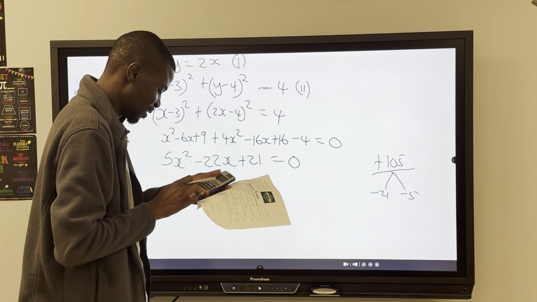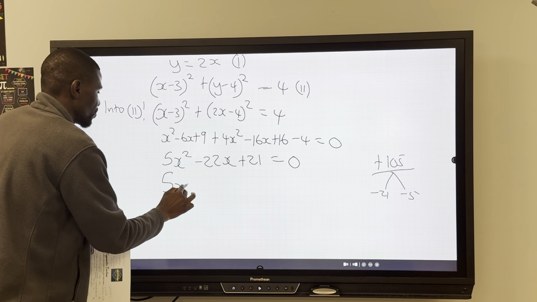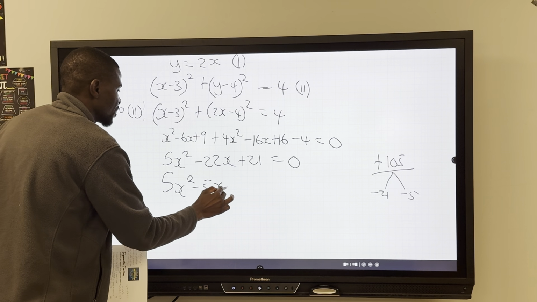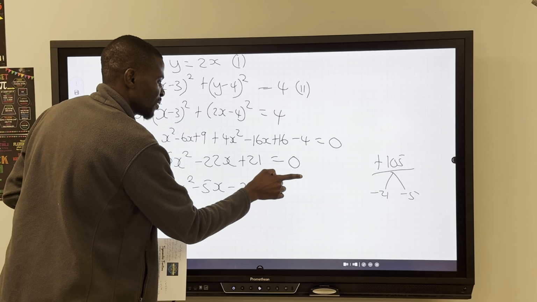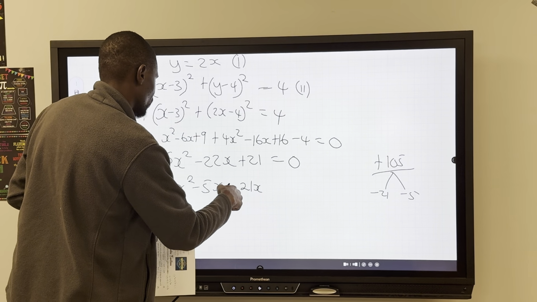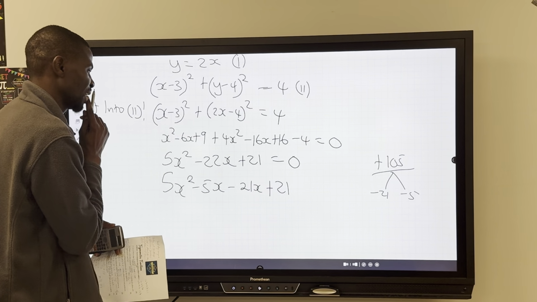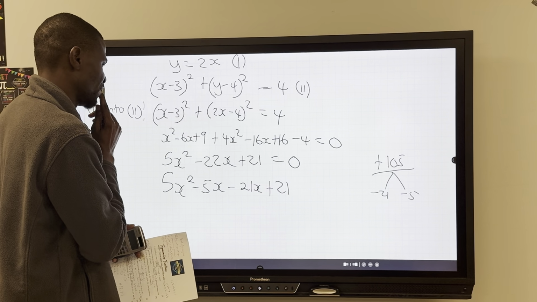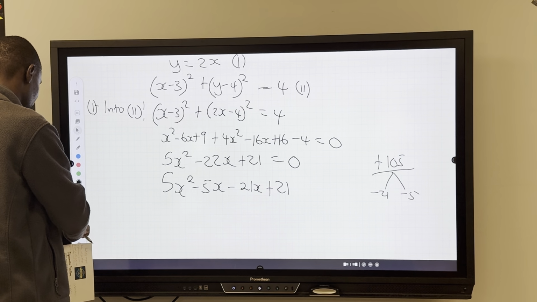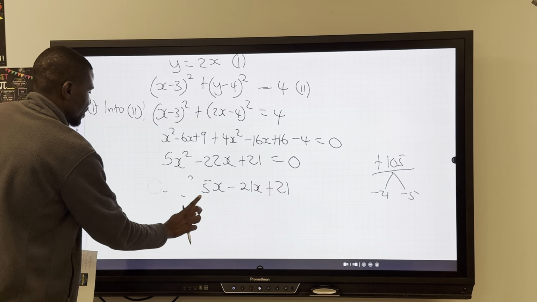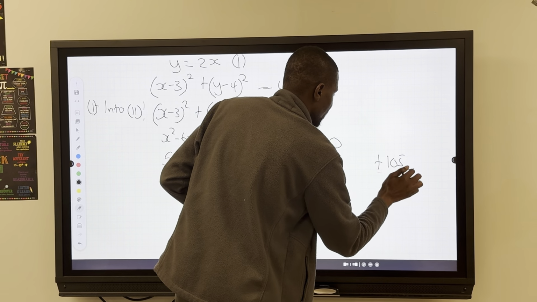Let's see, 21 times 5, that's 105. So it's now 5x squared minus 5x minus 21x, plus 21. Wait, these two will never give me 22. All right, let's not do it this way. Let's just use the quadratic formula here.